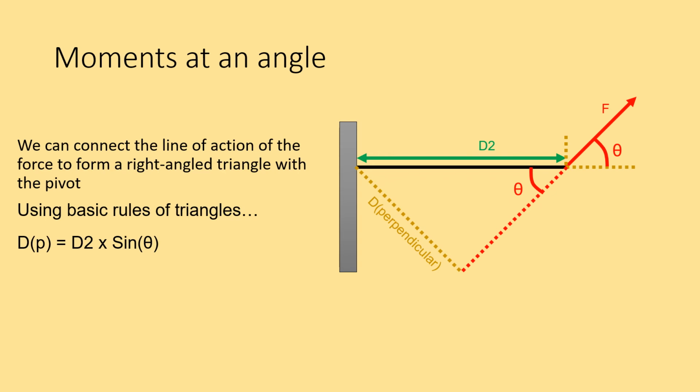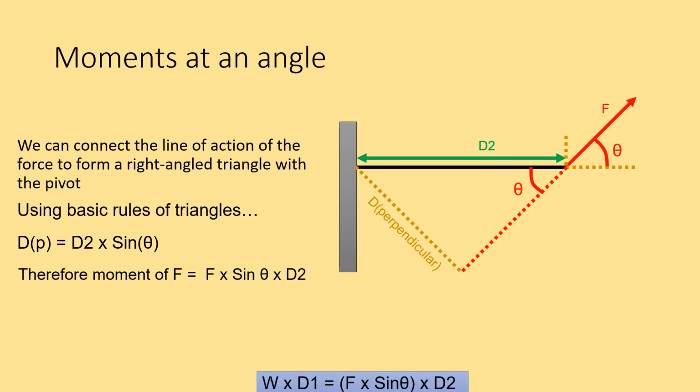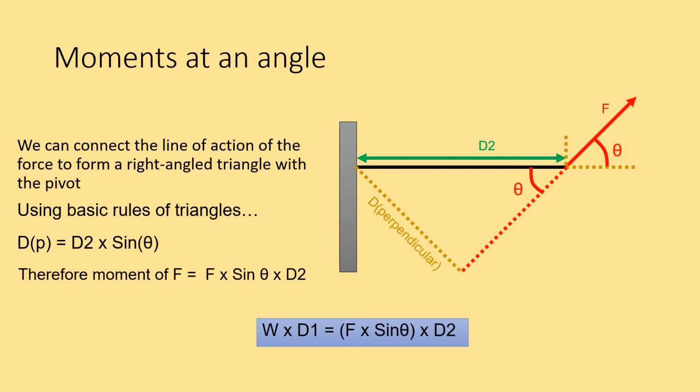And so we know that the perpendicular size of D is D2 times sine theta. So the moment is simply F sine theta times D2. So weight times D1 is F sine theta times D2.